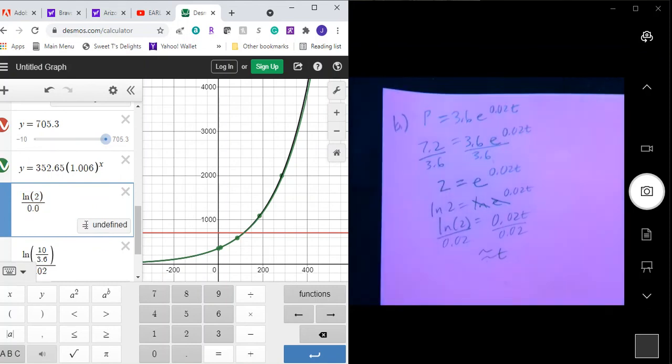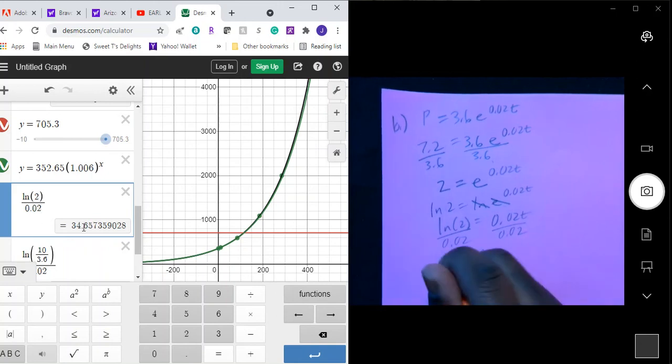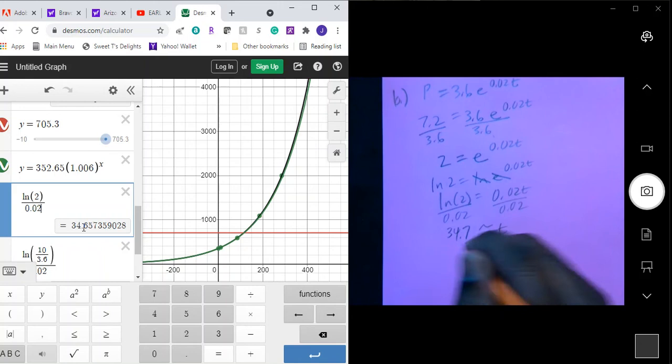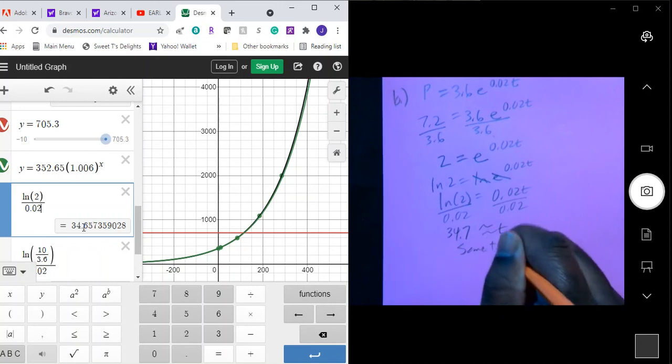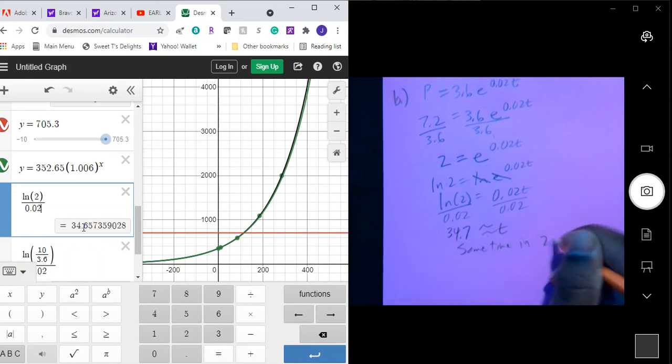We have the natural log of 2 divided by 0.02, which is approximately 34.7. So we would say that this will be sometime in 2003, because if you add 34.7 to 1969, that'll be about 2003, sometime near the end of 2003.